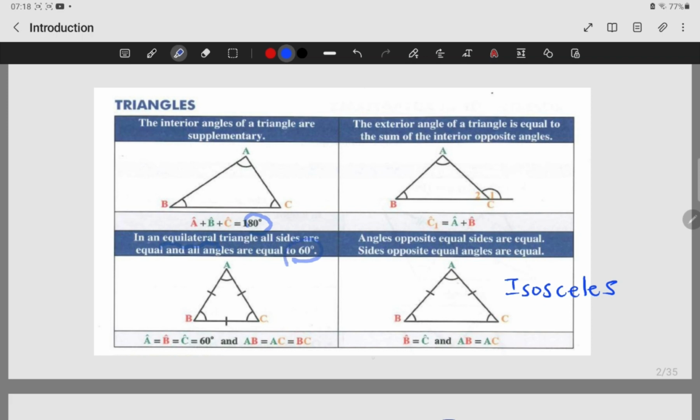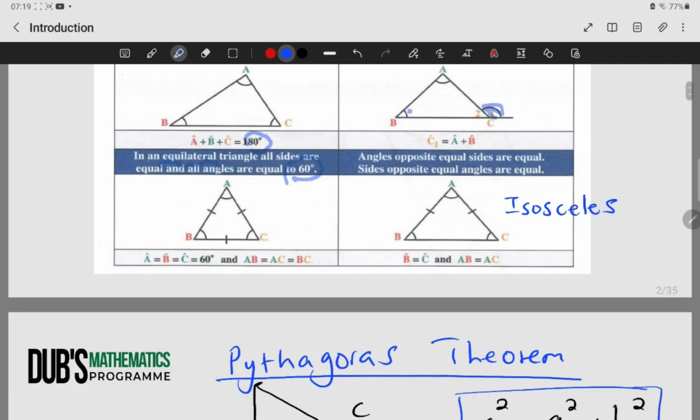Isosceles triangle, where two base angles and opposite sides are equal. And then also know that the exterior angle of a triangle is equal to the sum of the two opposite interior angles in a triangle.